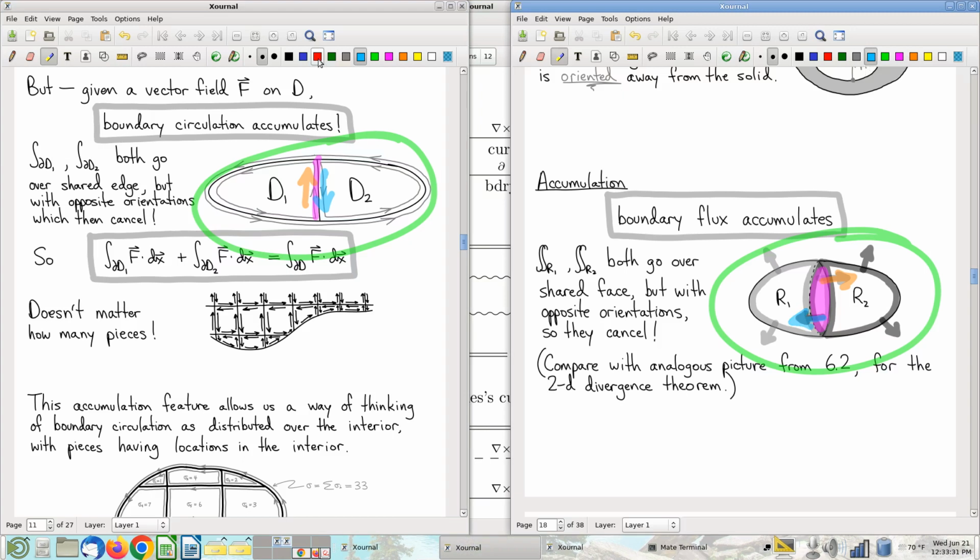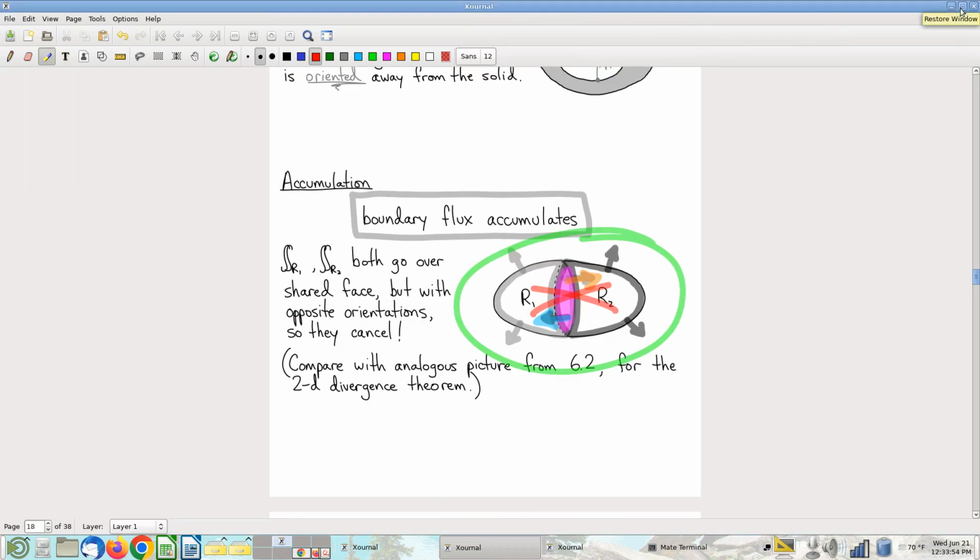And in both cases, because of these opposite orientations, they cancel. So the analogy is very strong. It's morally identical argument applied just now in sort of a different context, not looking at circulation on areas, but looking at boundary fluxes on solids. Okay, so strong analogy. Okay, and that's where we left off last time.